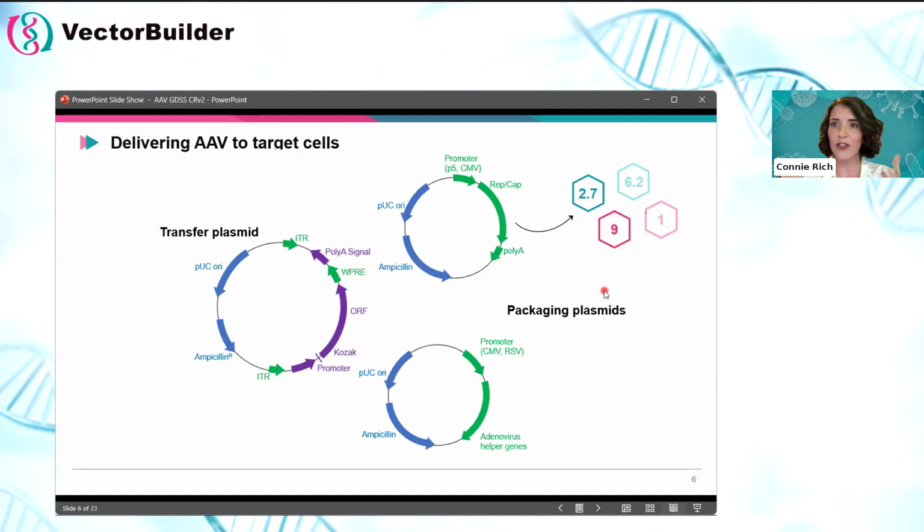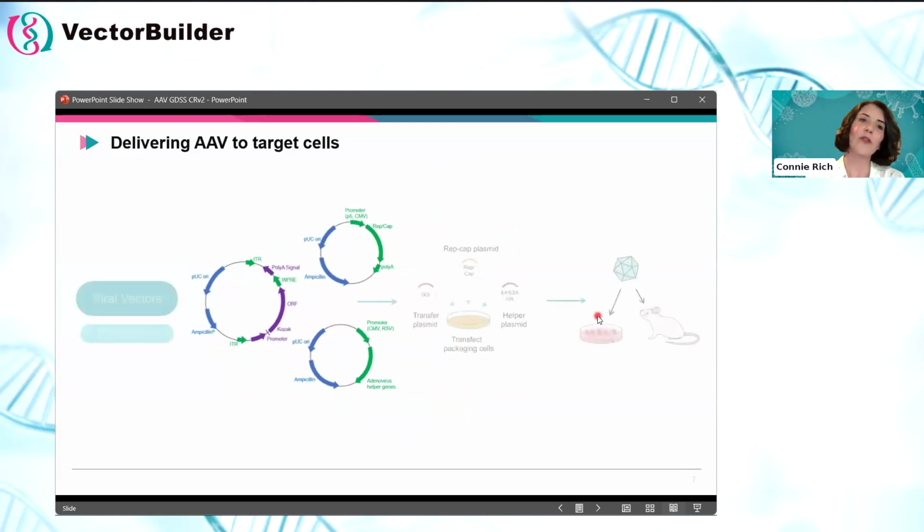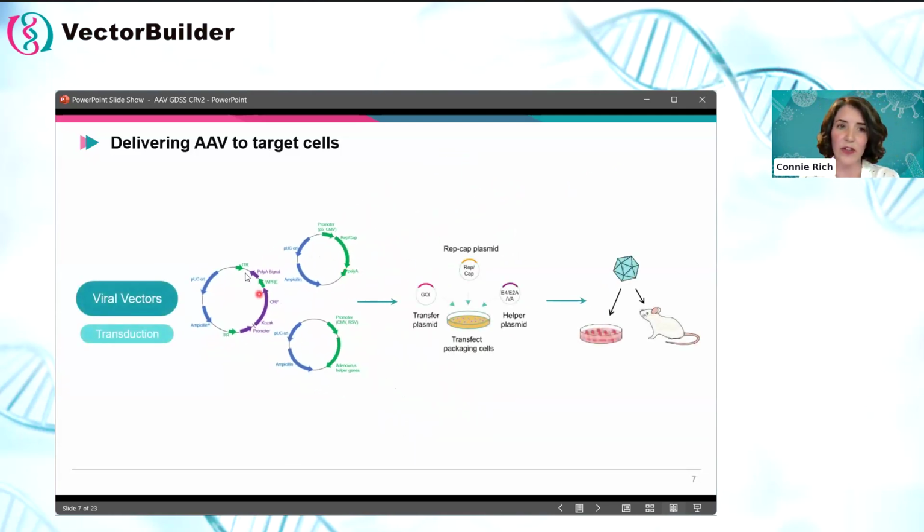And of course, we're going to choose depending on our target tissue type and depending on the level of acceptability for off-target effects, because there are very few AAVs that only target one particular tissue. We're going to talk about some workarounds for that later. So once we have our 3 plasmids, our transfer plasmid and our 2 packaging plasmids, we transfect these plasmids into our packaging cells.